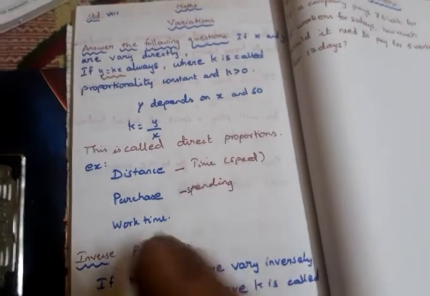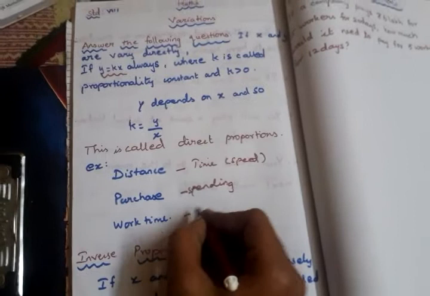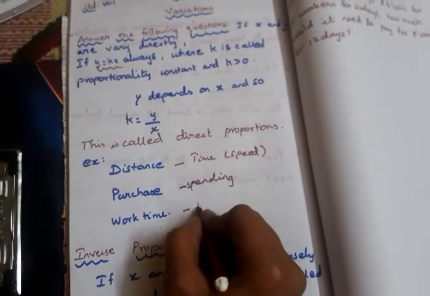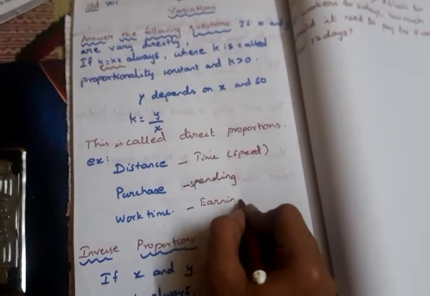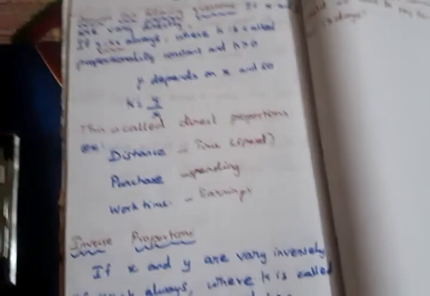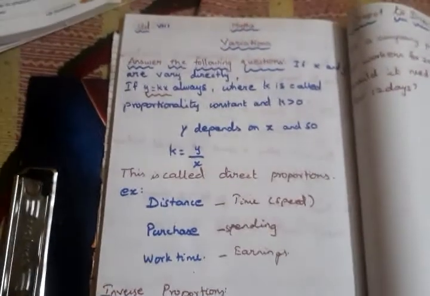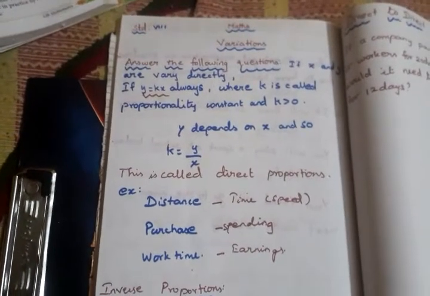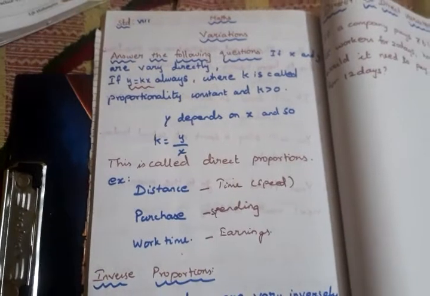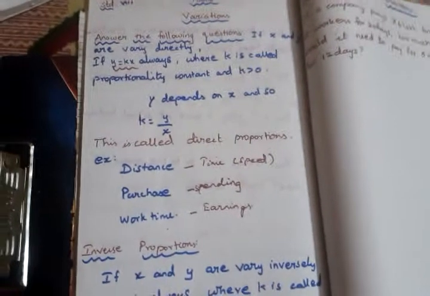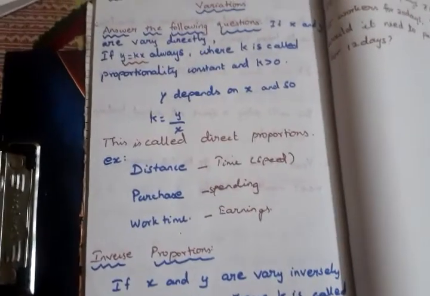Next, work time. Work time means earning. Earning means if the number of hours worked is less, then the pay earned will also be less.